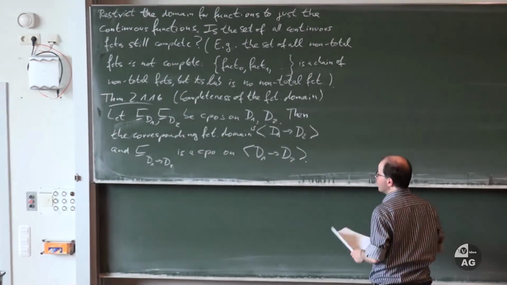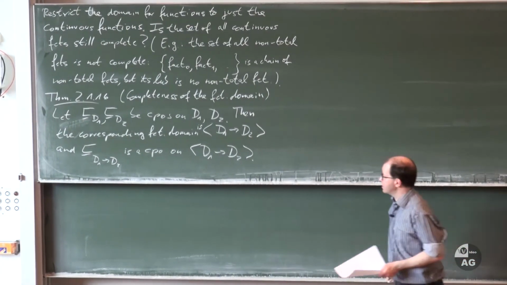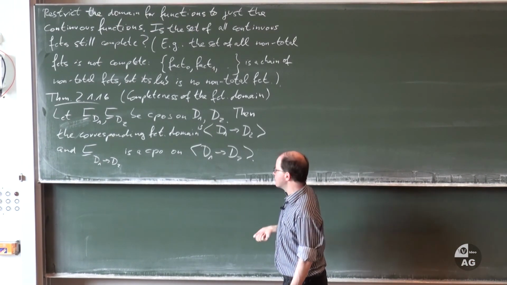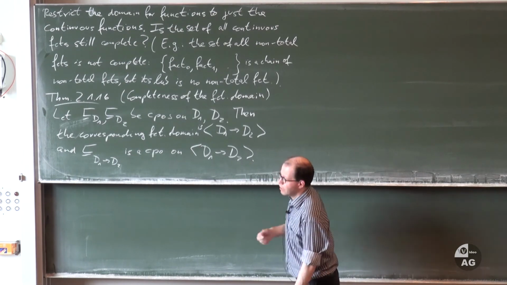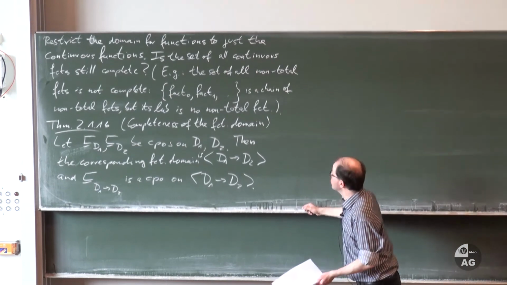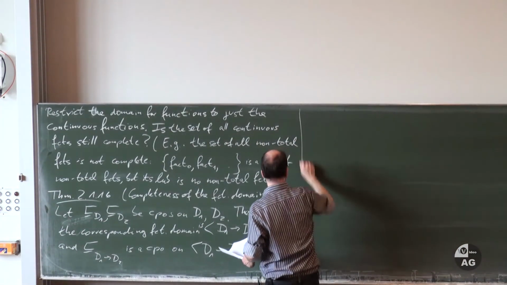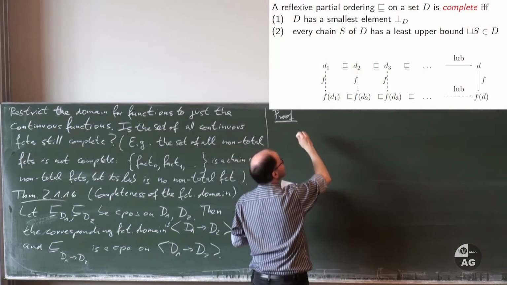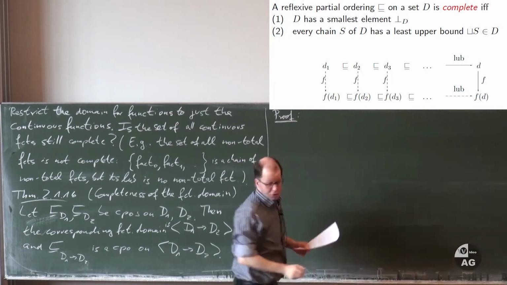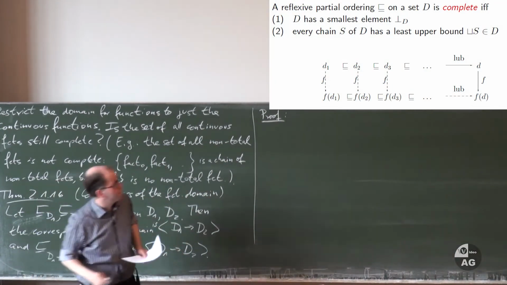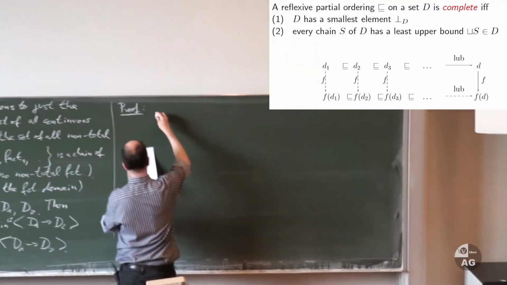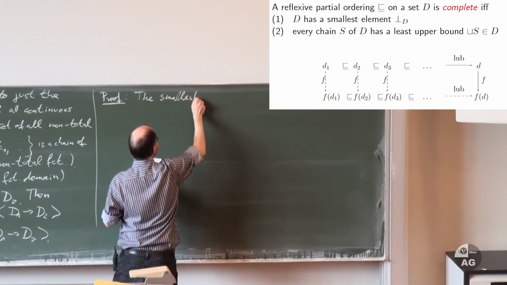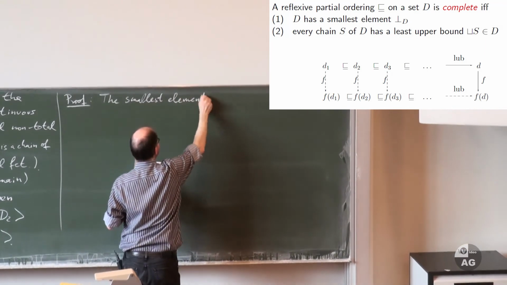So what does that mean? That means that we have to show that if I only look at this subset of functions, so just the continuous functions, then there is still a smallest element, which is continuous, and every chain of continuous functions has a least upper bound, which is also continuous. So the proof means, here you see the definition of complete on the slide. So we have to show that there's the smallest element. And the smallest element is indeed the function that returns bottom for every argument.